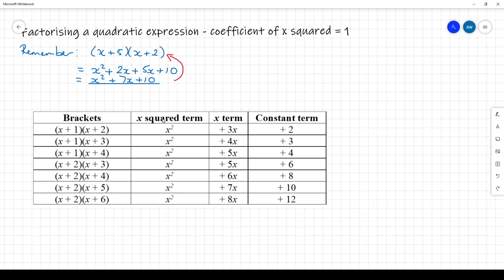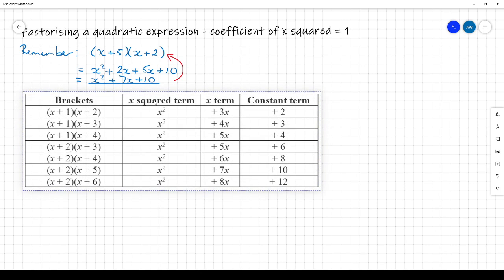Okay, so let's have a look at this table, and I want you to look at it for a few seconds to see if you can spot any patterns. If you look on the left hand side, we've got 1, 2, 3, 4, 5, 6, 7 sets of double brackets ready to expand.